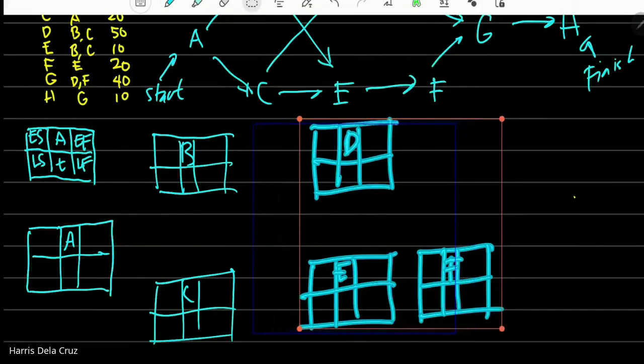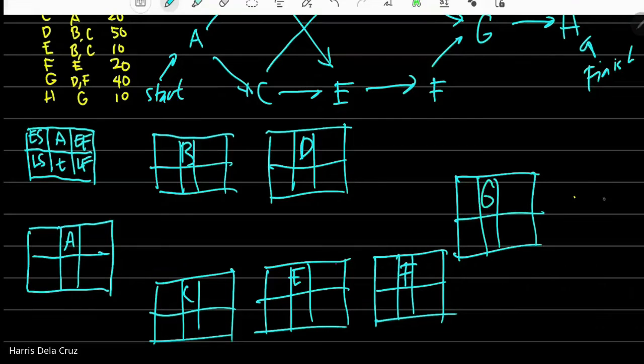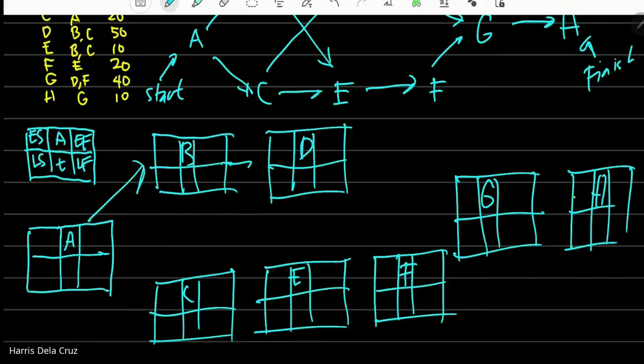Okay, tapos G. So there's a G here. And then finally H. So there's an H here. So let's just rewrite the arrow.